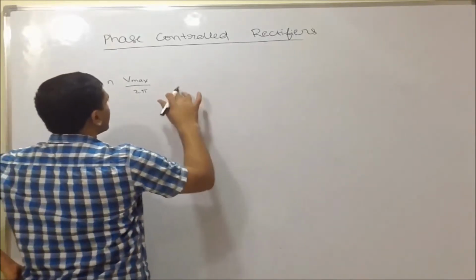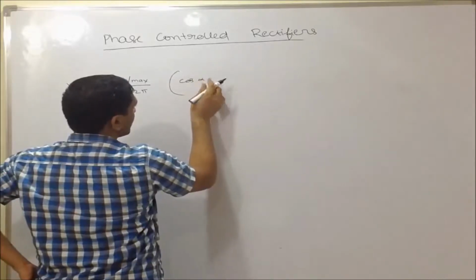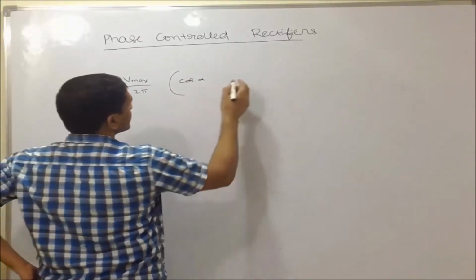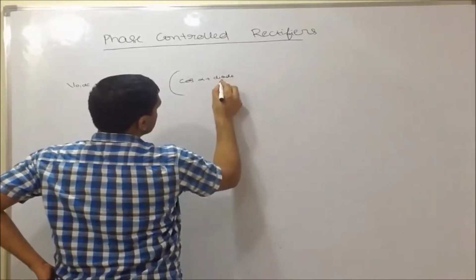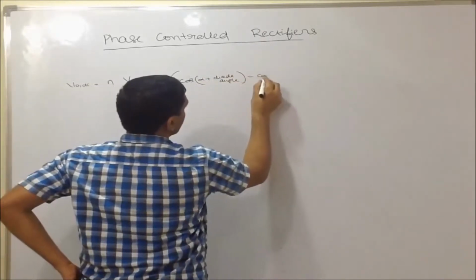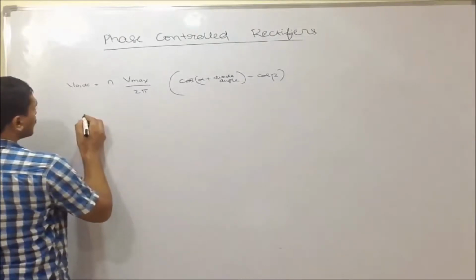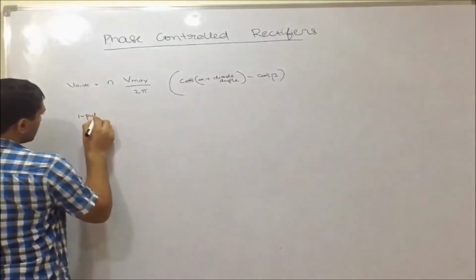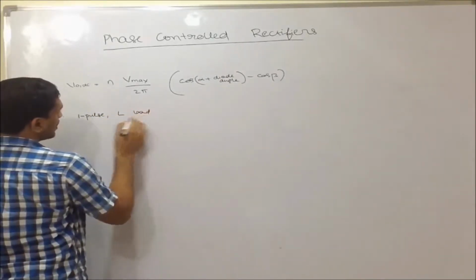Since I am taking the sine wave, after integration I get cos alpha, the instant from which the output appears, plus the diode angle, minus cos beta. Now I have to put in the single pulse inductive load.